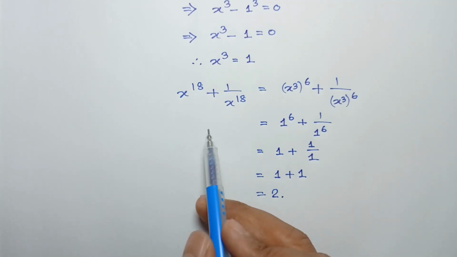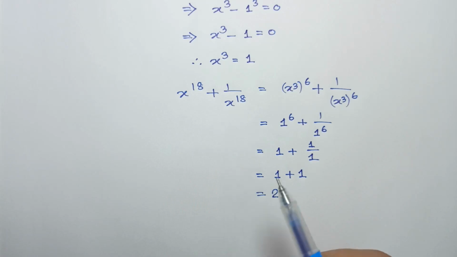So this is the value of x to the power 18 plus 1 over x to the power 18.